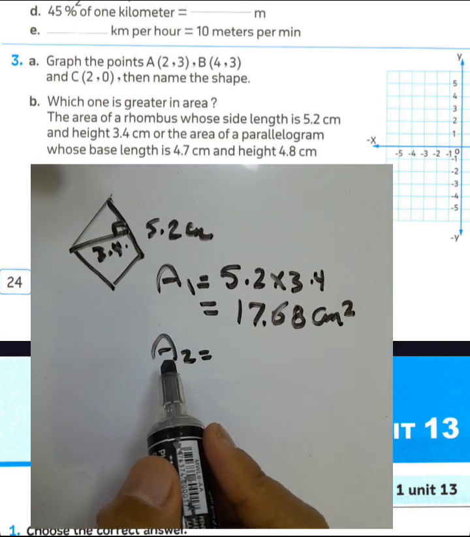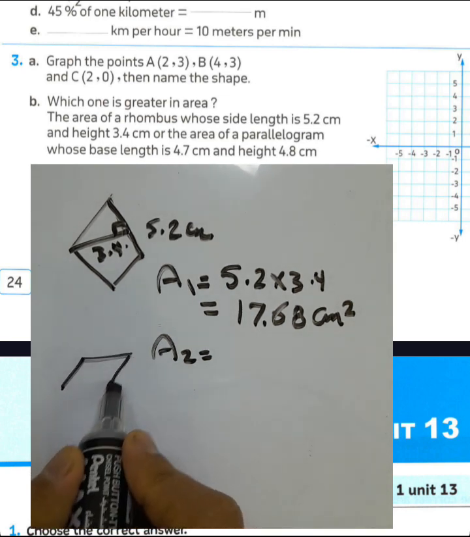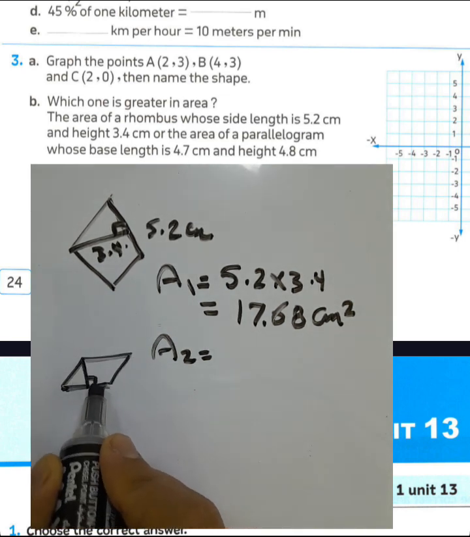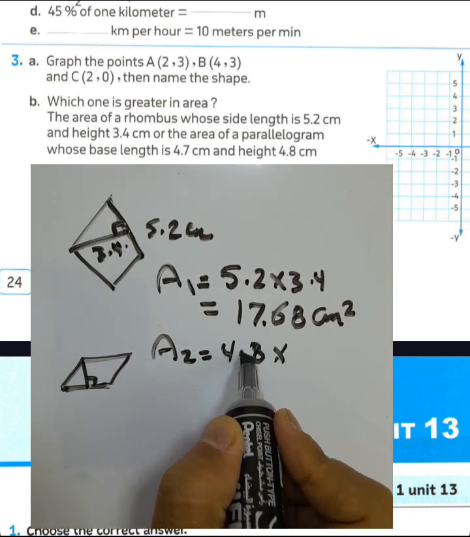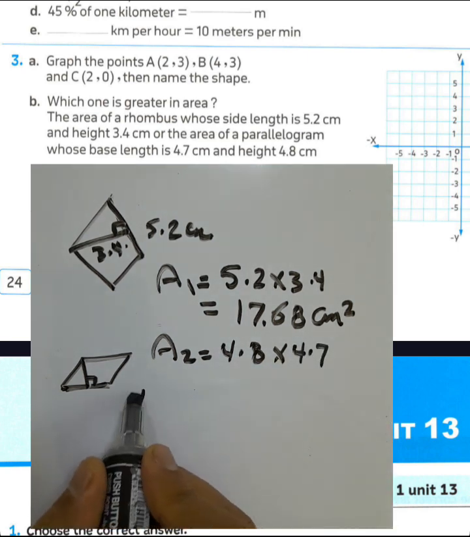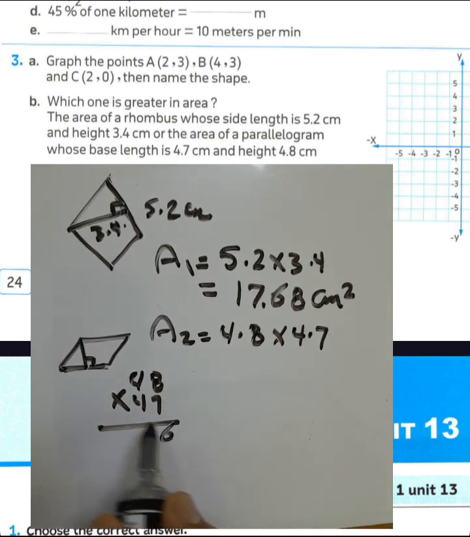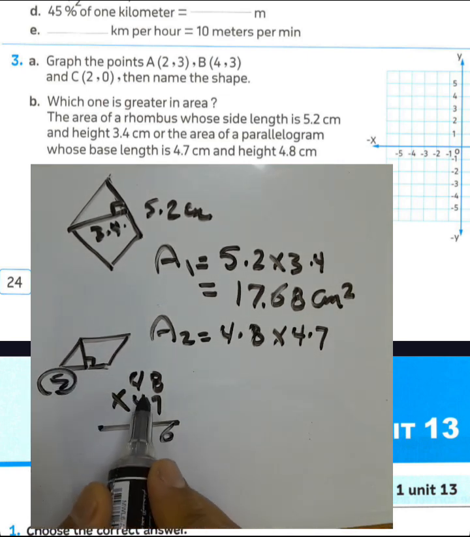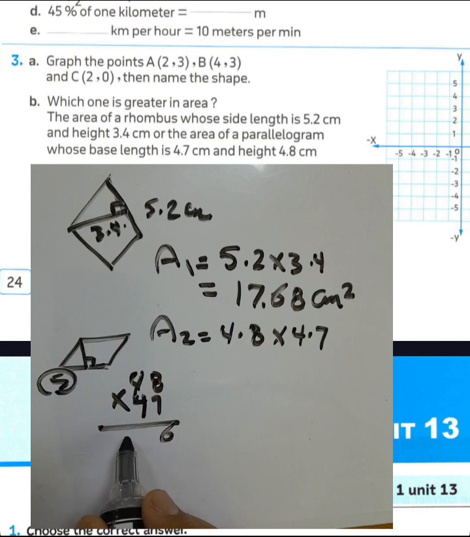Area 2, we have a parallelogram. We have the base and corresponding height. The base is 4.8 centimeters and the height 4.7. 48 multiplied by 47. 7 times 8 equals 56, 6 and carry 5. 4 times 7 equals 28. 28 plus 5 equals 33.